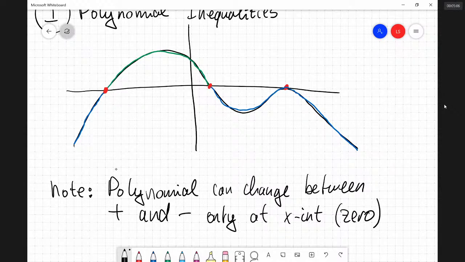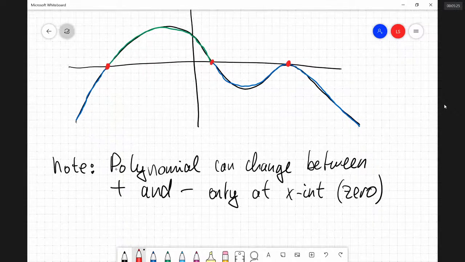A polynomial doesn't have to change, right? Because we see here, we have a 0 here. It was negative. It remained negative. It tells us something about the multiplicity of that 0, so we can use that to our advantage. But if a polynomial changed from positive to negative or negative to positive, it can only occur here. It can only occur at an x-intercept.